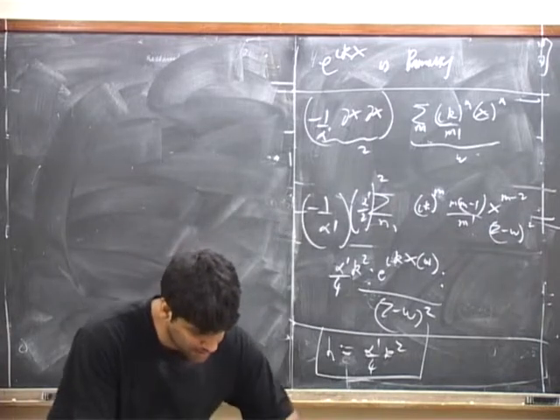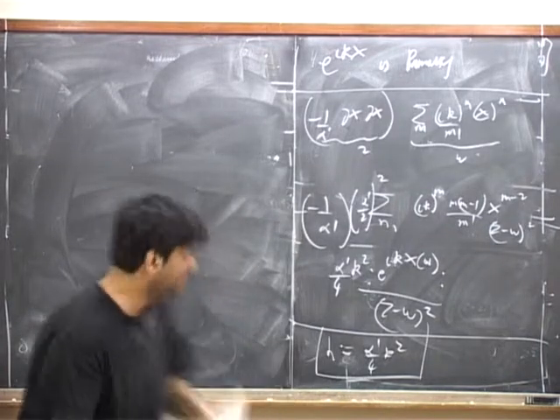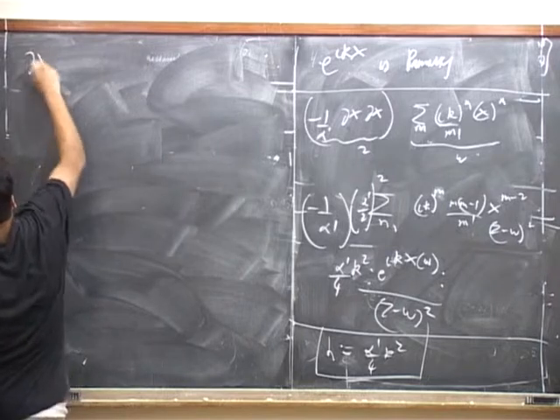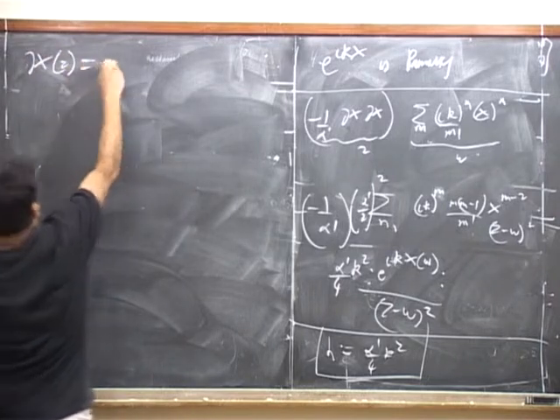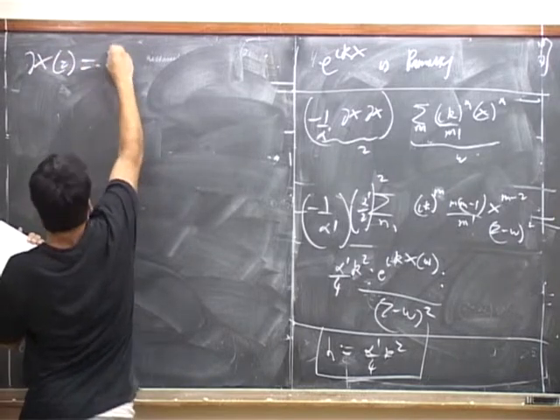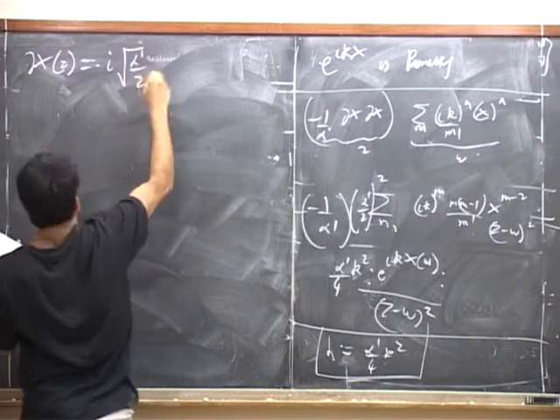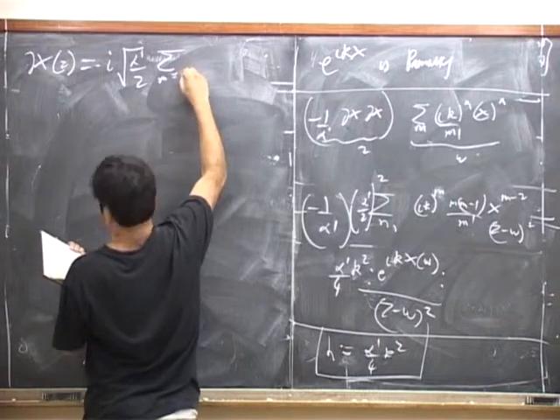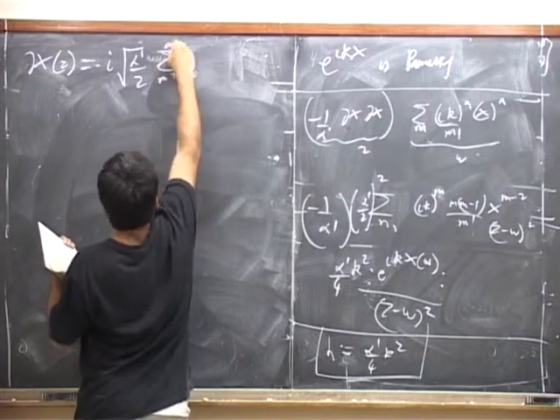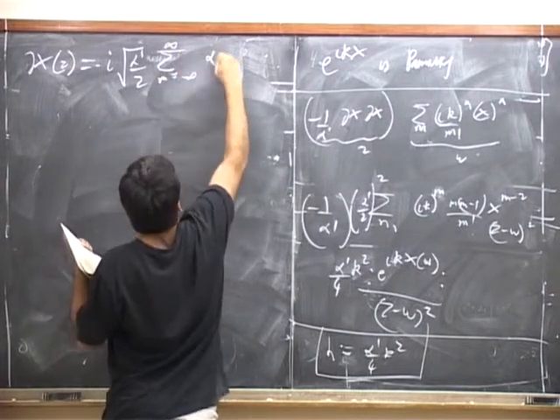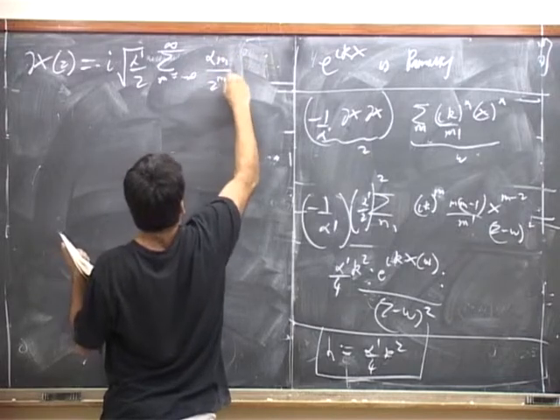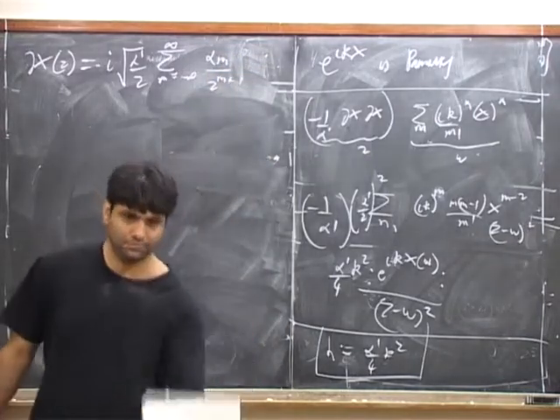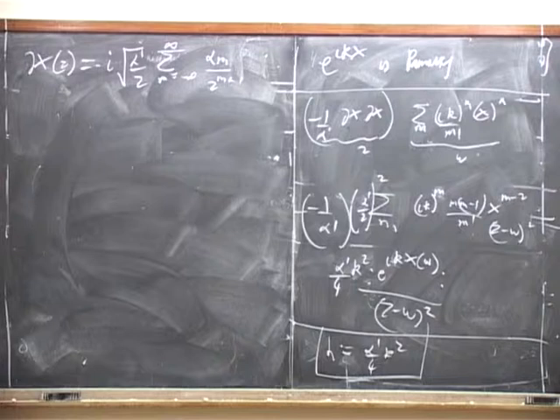When we get factors correct, it becomes the expansion del x of Z is equal to minus I square root of alpha prime by 2, sum m equals minus infinity to infinity, alpha m divided by Z to the m plus 1.